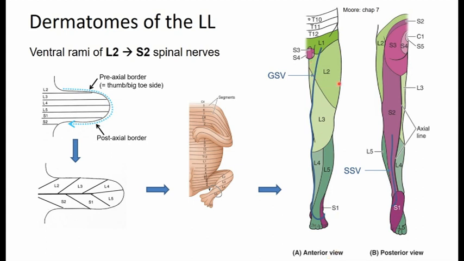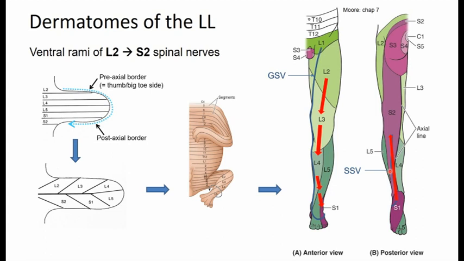So, running down the preaxial border, we find L2, then L3, then L4, then L5, and L5 is covering that big toe region, then S1 onto the little toe side, S1 continuing posteriorly onto the plantar surface of the foot, and then S2 is the last patch on the posterior aspect of the leg and the thigh.